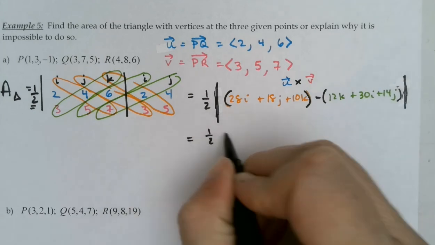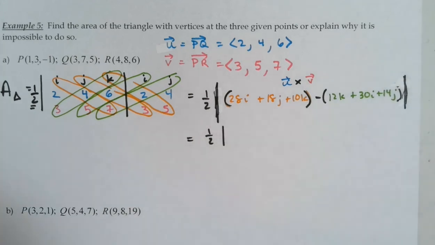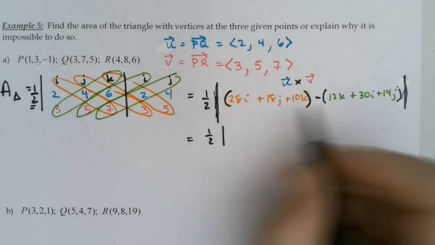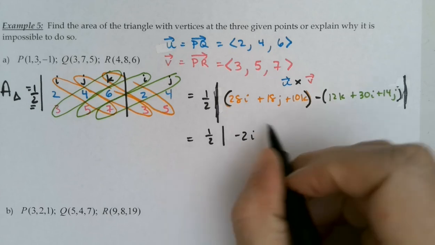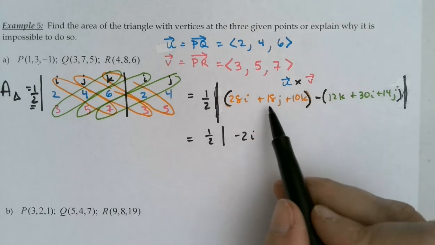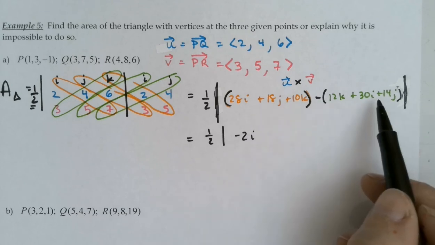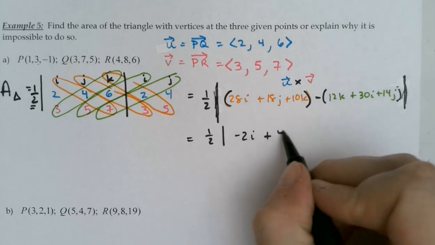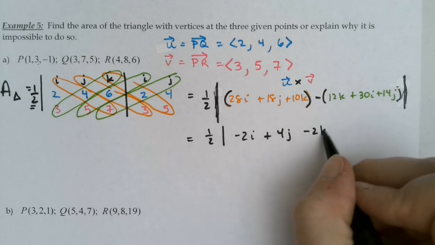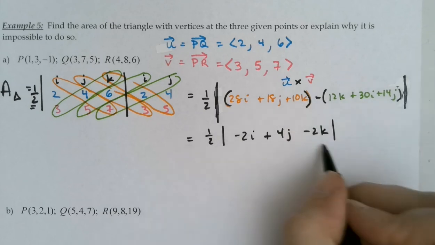So this is 1/2 the magnitude of, now what am I going to have left when I do this? It'll be 28 take away 30, which is negative 2i, 18 minus 14, which is 4j, 10 take away 12, which is negative 2k. So I'm finding the magnitude of that.